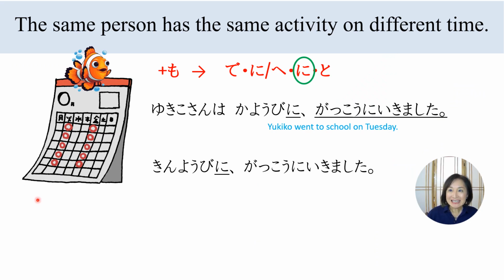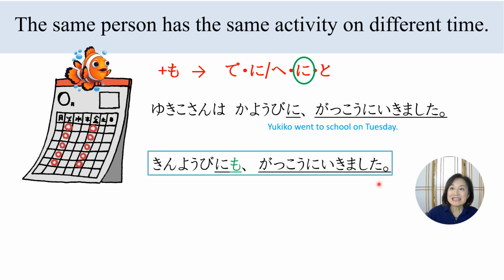Your turn again. Let's talk about Yukikoさん going to school on different days of the week. Yukikoさんは火曜日に学校に行きました。金曜日に学校に行きました。If Yukiko also went to school on Friday, how would you express that in Japanese? そうです。In this example, the part 学校に行きました stays the same because the action of going to school doesn't change.